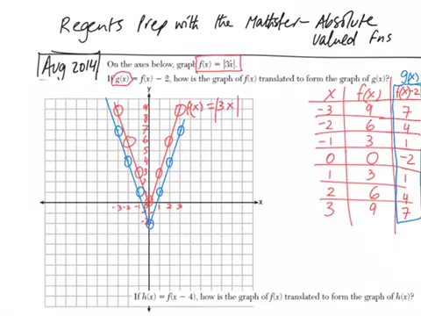So this graph is g(x), which is f(x) minus 2, or in other words it's the absolute value of 3x minus 2. So this is our second graph.